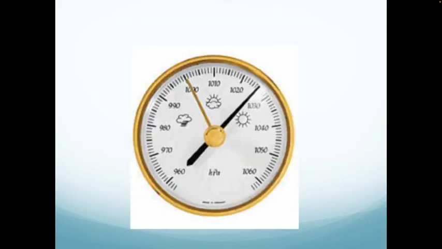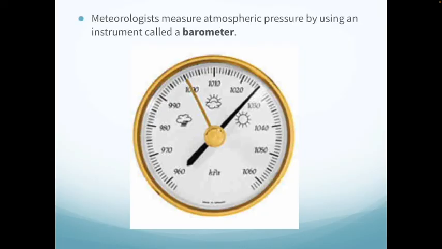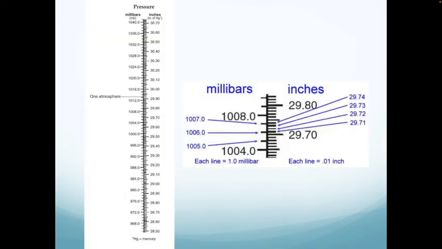All right, so here's just a picture of a barometer. So meteorologists measure atmospheric pressure by using an instrument called a barometer. And here's just a little sheet showing you how to read a barometer based on the scale. So if you look over here to the right, this is zoomed in.